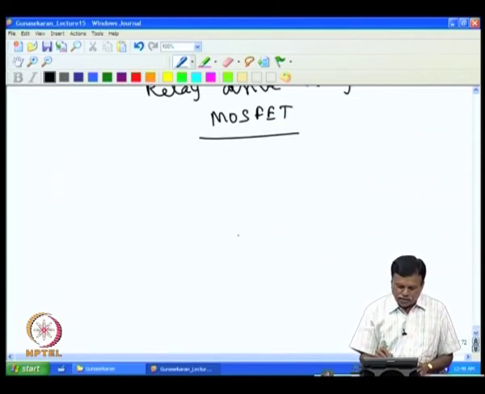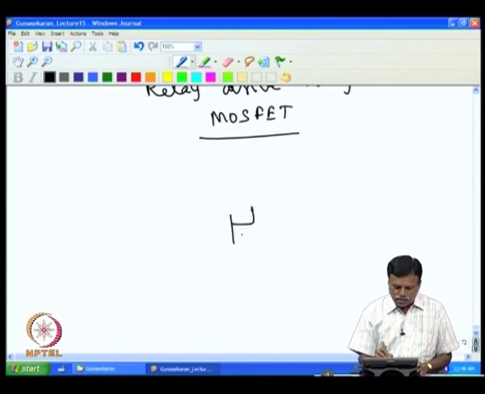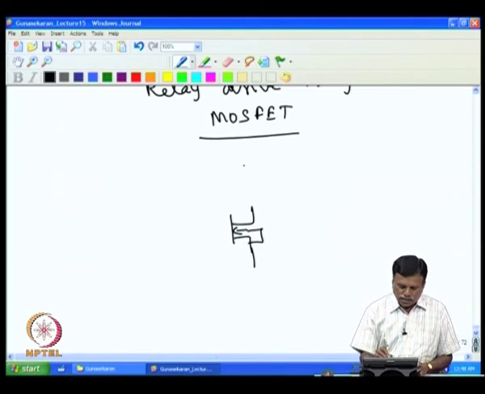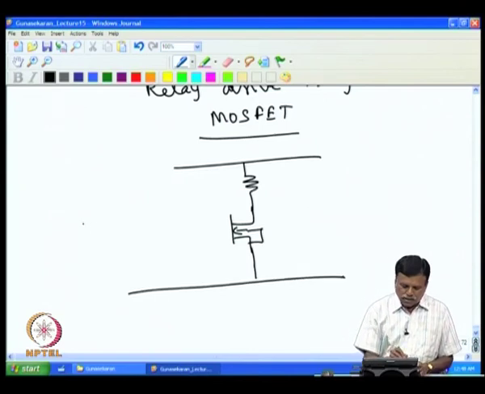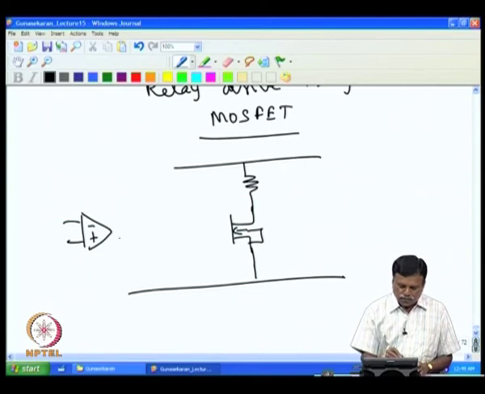So, the general circuit looks like this. Then I can have this. Assume the same operational amplifier circuit there which gives me the voltage. I want to drive the MOSFET here. The minus I do not want to apply.